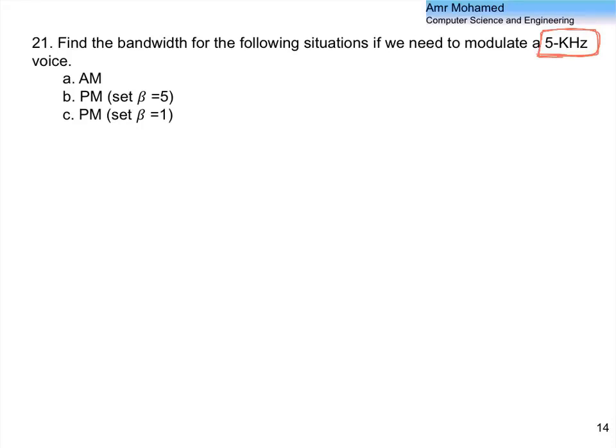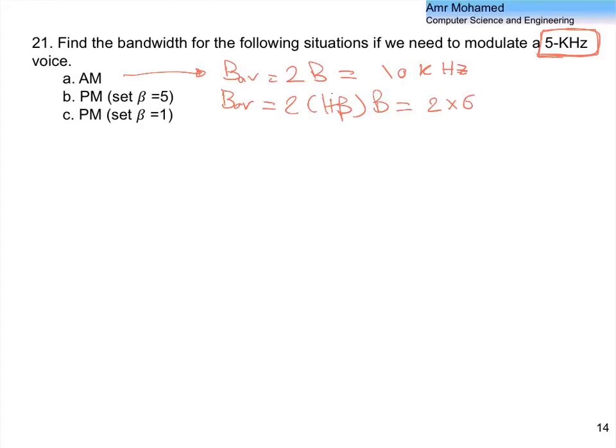And as we have discussed in class, for the case of AM, the bandwidth is 2 times the bandwidth of the signal, which in that case is 10 kilohertz.